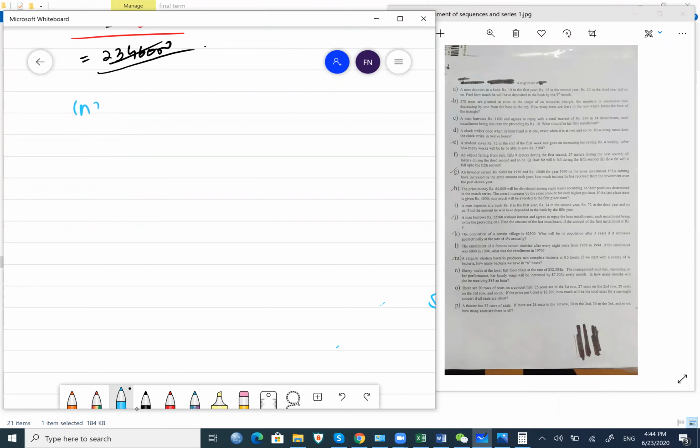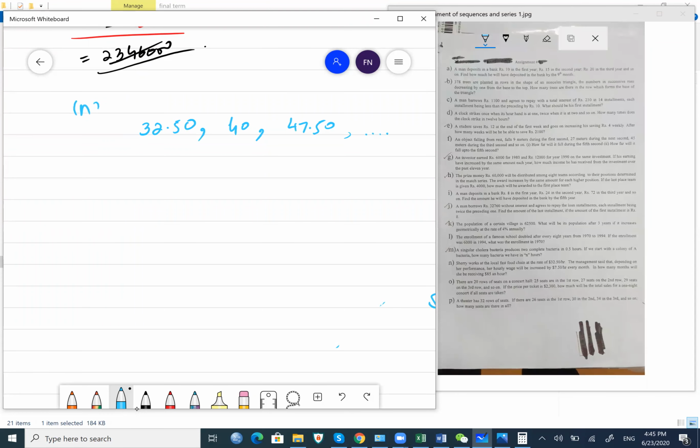Her monthly salary is 32.50. If she works better, next month her salary would be 7.5 added, so it will be 40. Understand? In the next month, it would be 47.50 because it will increase at the rate of 7.50. So the common difference is 7.50.